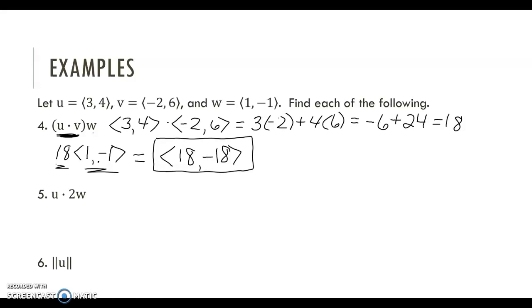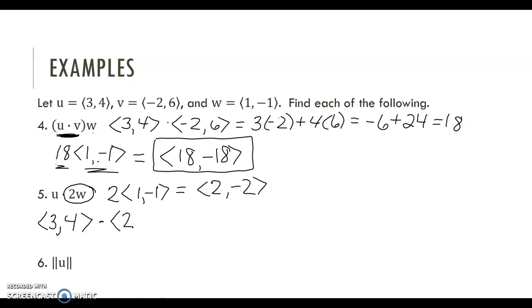Now let's look at our next one. For this one, we should actually perform the scalar multiplication first, prior to doing the dot product. That means I'm going to start with this 2 times this vector w to get <2, negative 2>, and now I'm going to do my dot product. I'm going to take my vector u, <3, 4>, dot this new vector of <2, negative 2>.